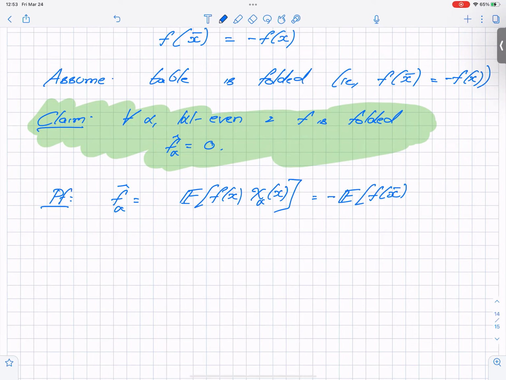So it's minus chi alpha of x because of flipping. But because alpha is of even support, chi alpha of x and chi alpha of x bar are the same object. So this is minus f of x bar chi alpha of x bar, which forces a quantity to be equal to its negation, therefore it has to be 0.